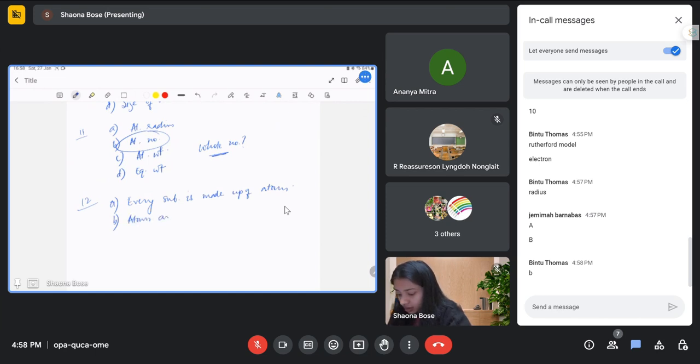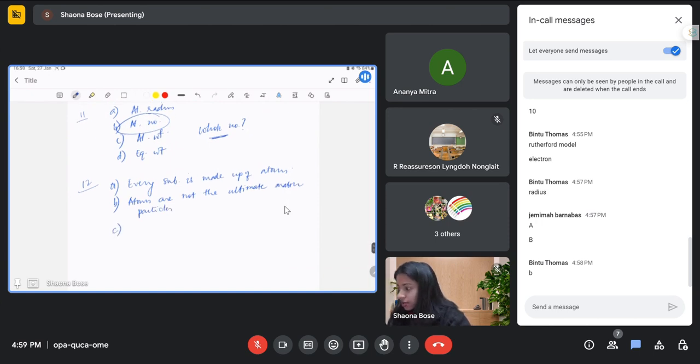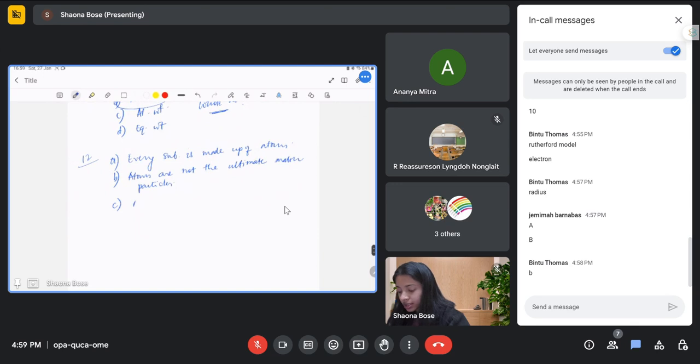Your second sentence is that atoms are not the ultimate matter particles. And your third statement is atoms cannot be destroyed.